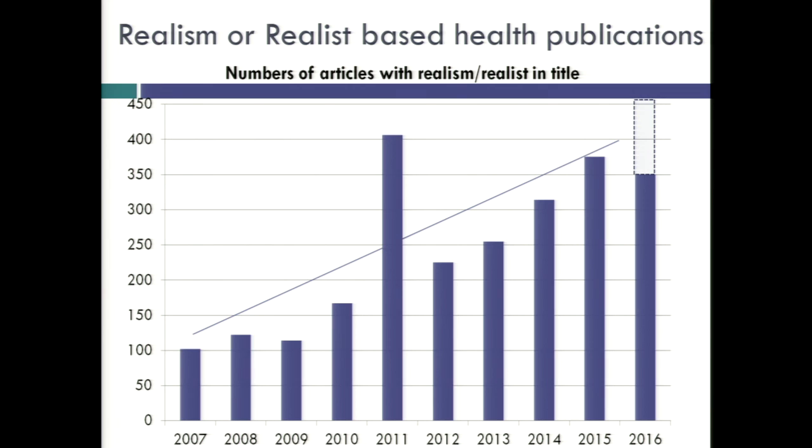But realist evaluation is based on a philosophy of science that is called realism. So as epidemiologists, do you know what philosophy of science we are taught in? We're positivists, yes.